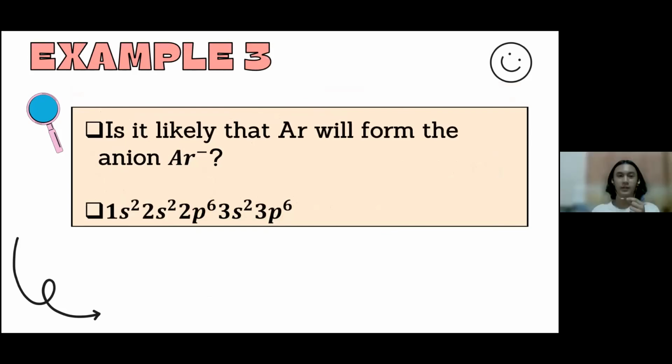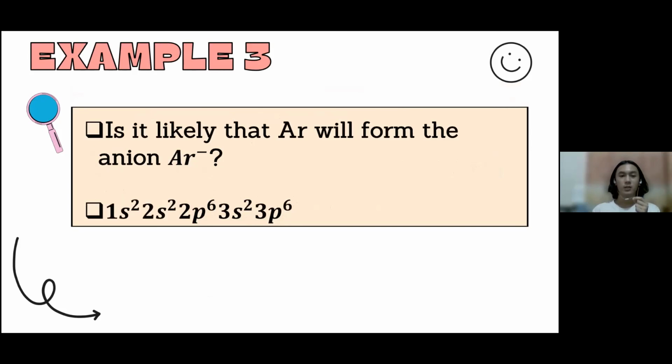For example number 3, is it likely that argon will form the anion argon negative? For this question, we need to consider that argon has an atomic number of 18, that argon is a noble gas, and it has an electron configuration of 1s2, 2s2, 2p6, 3s2, and 3p6.